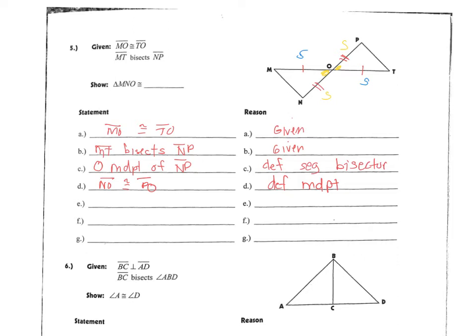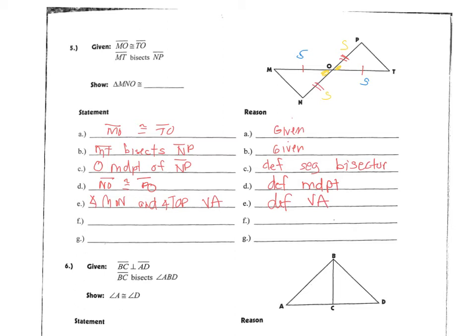And so I can say that angle MON and the angle here, TOP, I first have to say that they are vertical angles, and that would just be by definition.